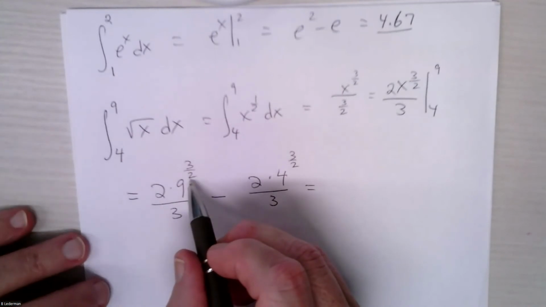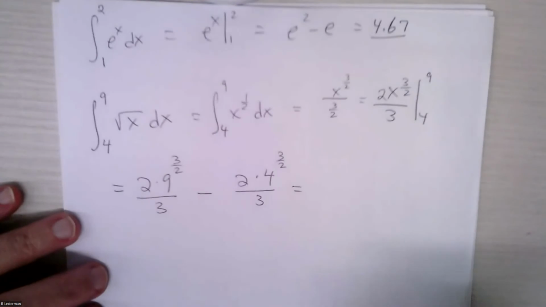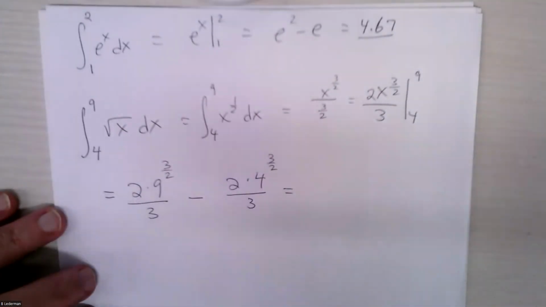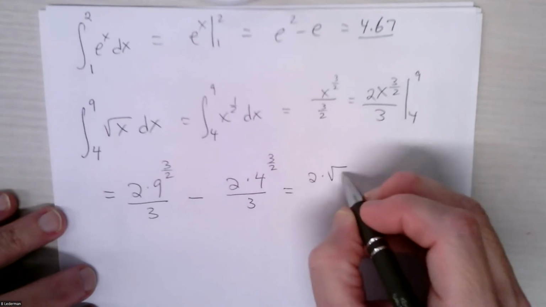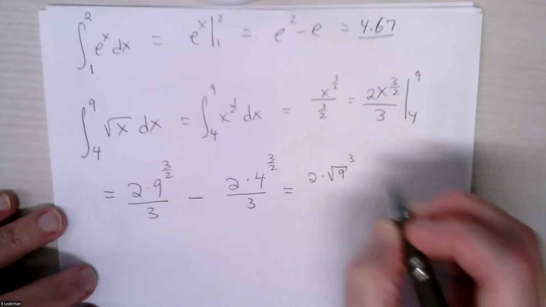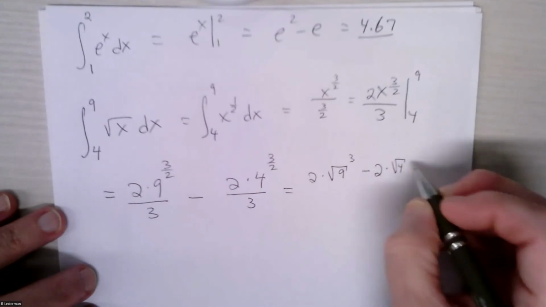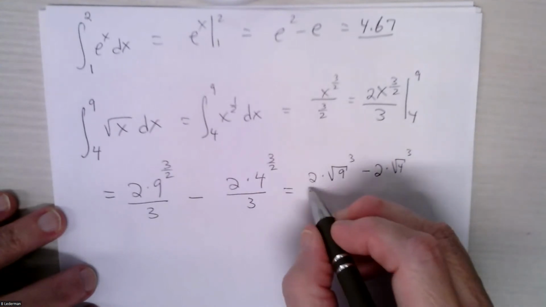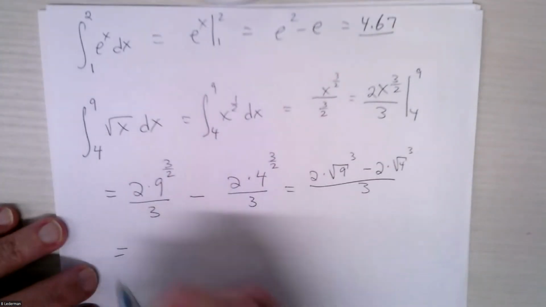Let me rewrite this in a weird way just to make it easy to visualize. This is really 2 times the square root of 9 raised to the 3rd power minus 2 times the square root of 4 raised to the 3rd power, all over 3.